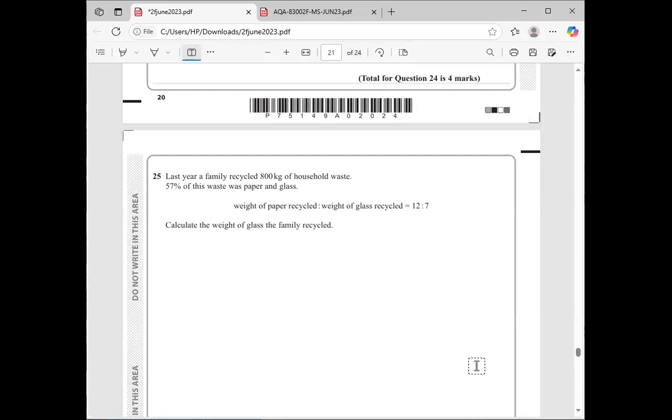Yes, that's the first thing we'll do. So 57% times 800 kg will give us the weight of waste that we should work with. So let's work that.